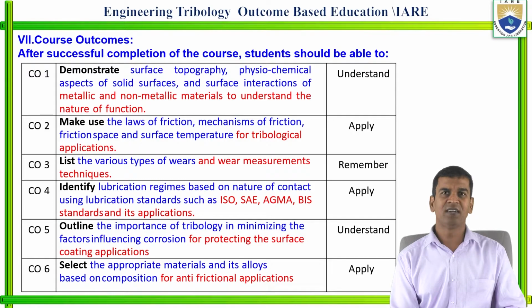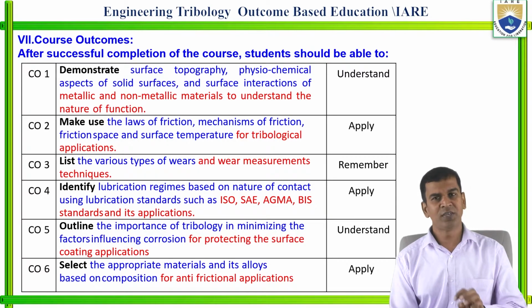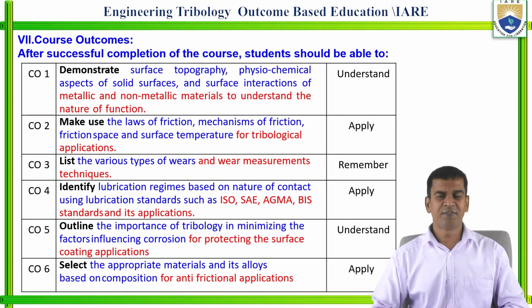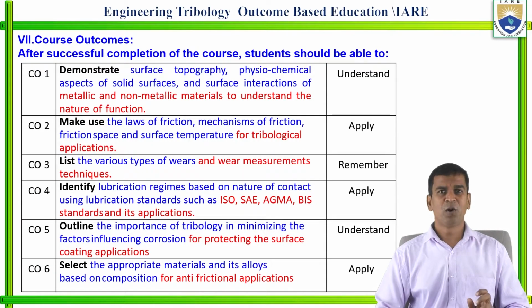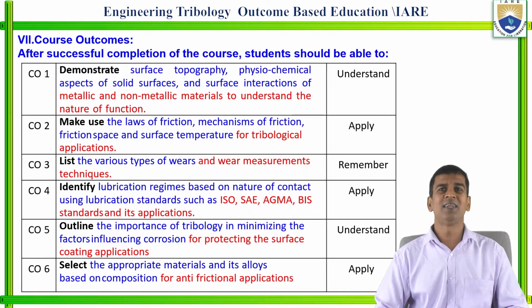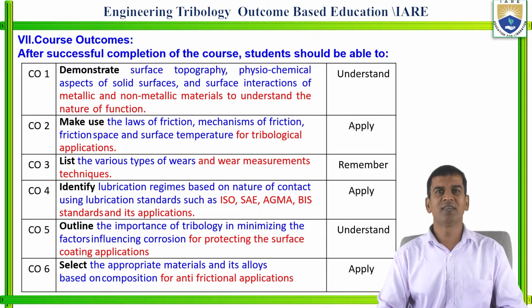And the surface interaction of metallic and non-metallic materials: the students will be able to identify the property changes in the materials and non-metallic materials when they interact with other surfaces. It also says what the nature of the function of surface interaction is.